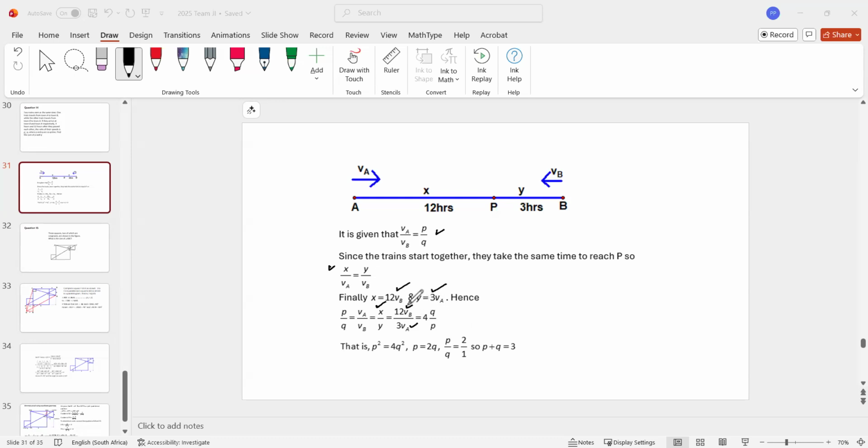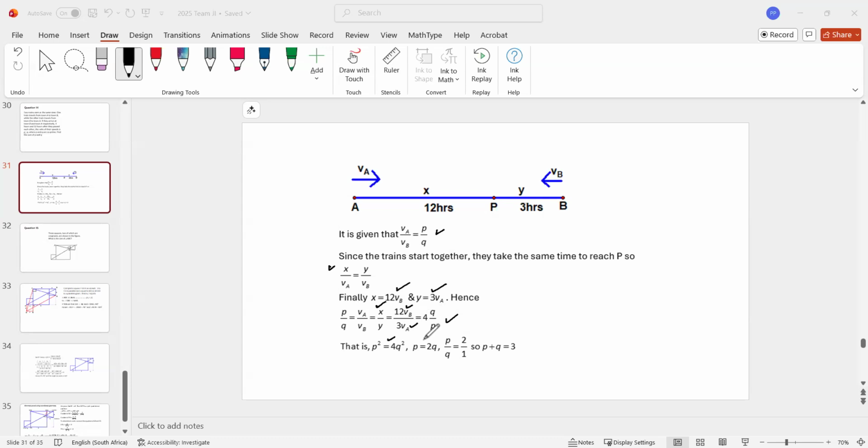Right? 12 over 3 is 4, but VB over VA, now you see it's turned around. Your VB over VA is Q over P. Right? So you got P over Q is equal to 4 times Q over P. And then when you cross multiply, you get that.